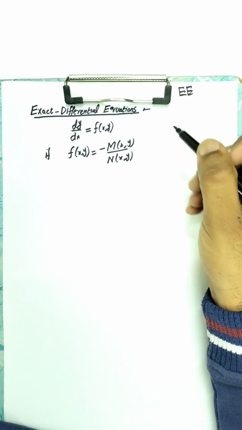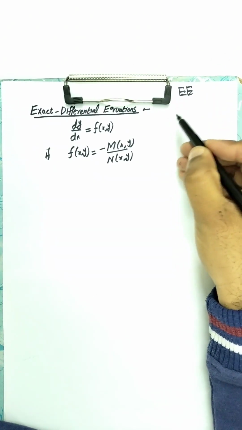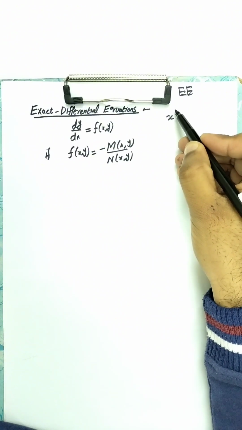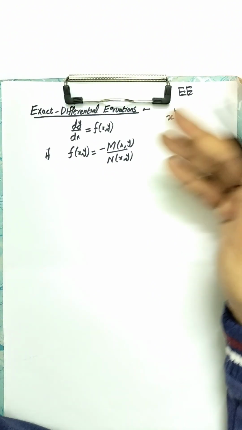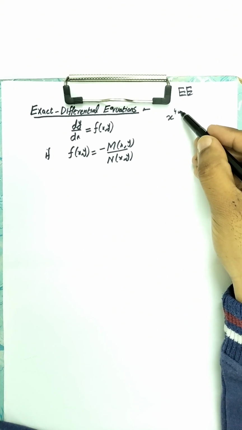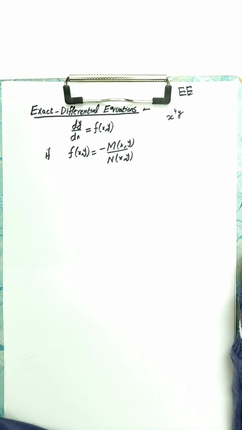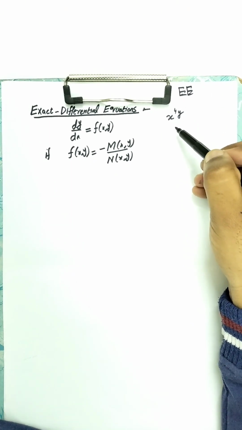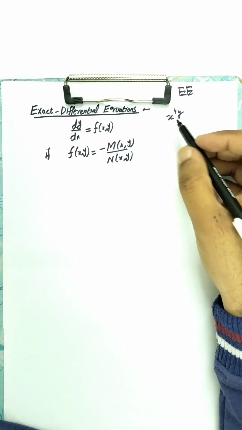For example, if we have x raised to power 4, then we can write this function in this form, x raised to power 4 over x raised to power 4 y.